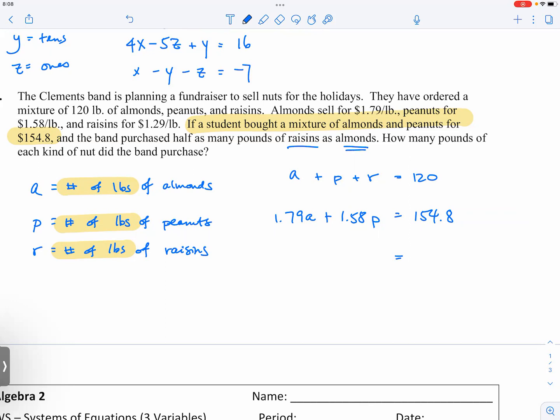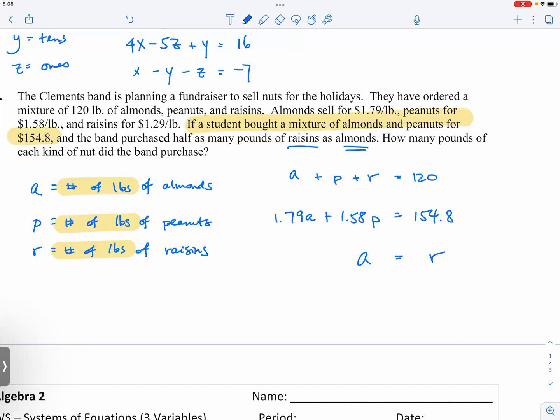If I have half as many money as you do, so who's richer? Not me, right? You are richer. So if we have purchased half as many pounds of raisins as almonds, well, that's not equal. Which one is more?